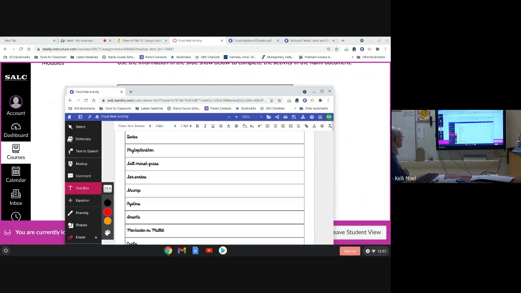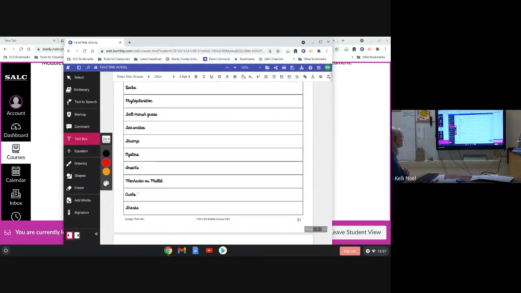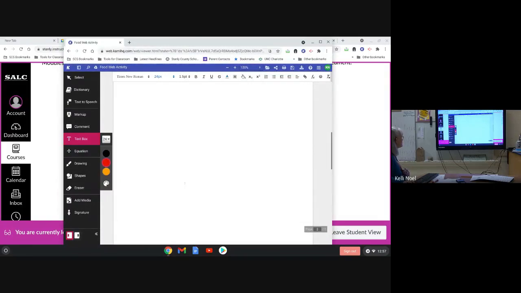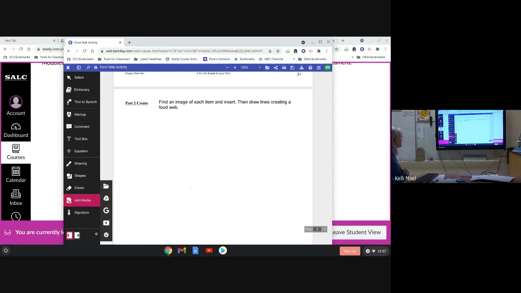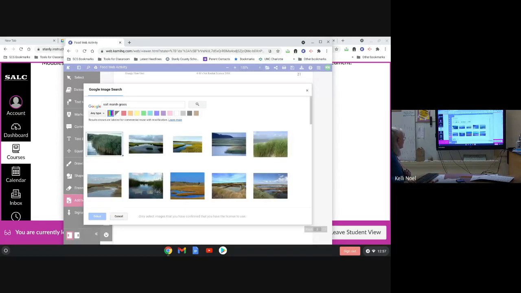So if I go here to add media, so I'm on this page right here, and I go add media, I can search with the G, and I can put salt marsh grass. Well, if I click in it and type, I don't care which, pick a picture.